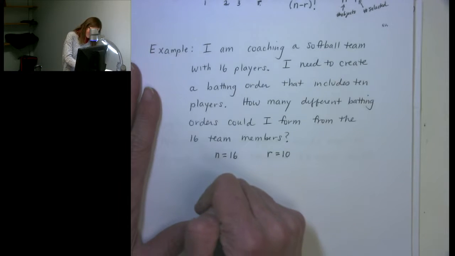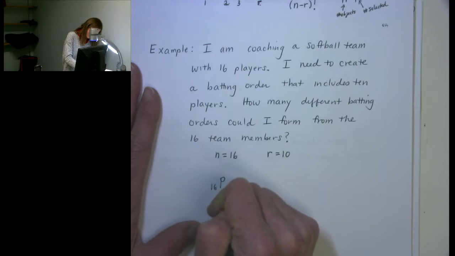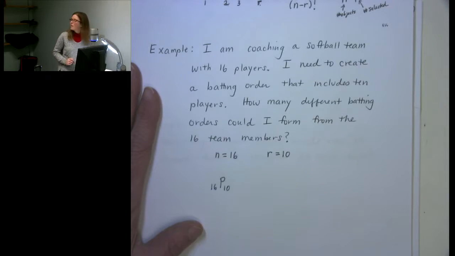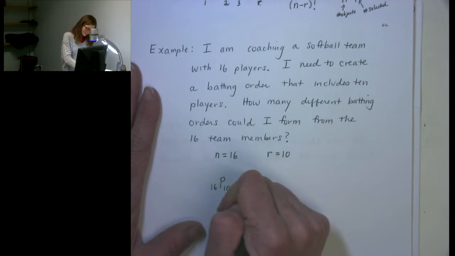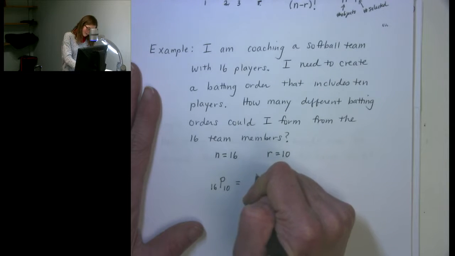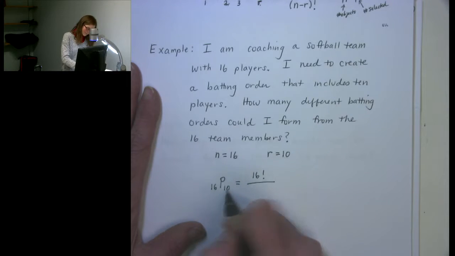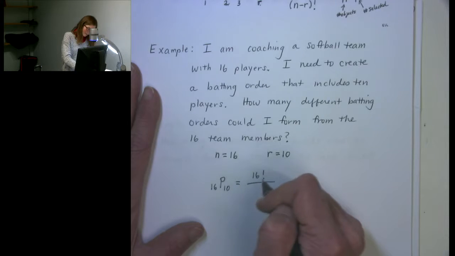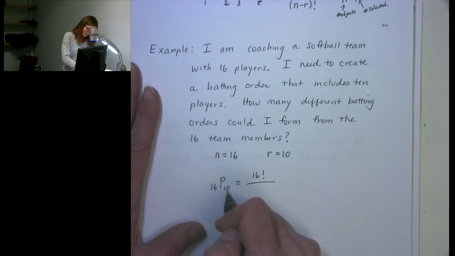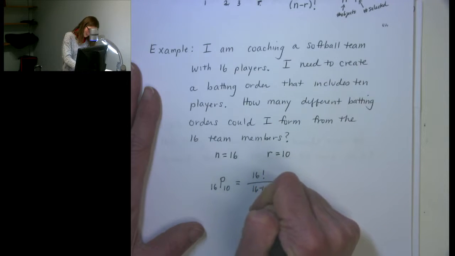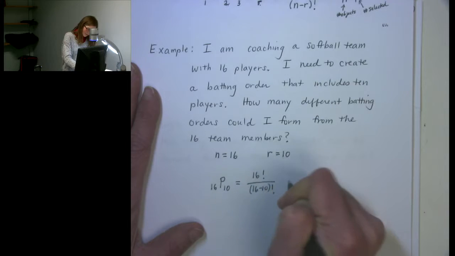So I would choose to have 16P10, and I take my n factorial, 16 factorial, divided by n minus r factorial, n minus r, that'd be 16 minus 10 factorial.